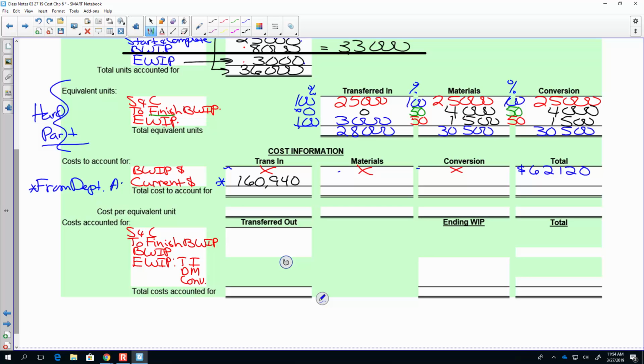FIFO method, I can't mix, right? I can't mix beginning cost with current cost. The transferred in we already have at 169,440, 37,950 for materials. Conversion is 128,100.